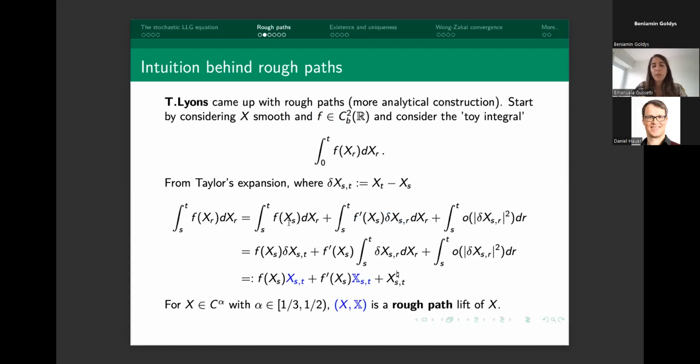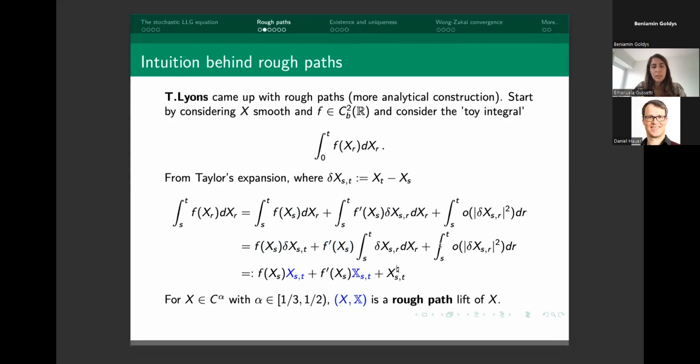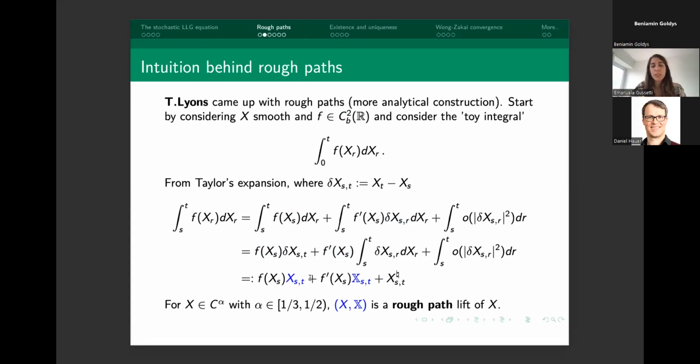Now we can pull out some terms. This is at s, and it can go out. Here we get the increment from the integral, and here this can be pulled out, and we get again an integral, and then we have a rest. So we can look at this object and identify some components: this increment here and this integral here.